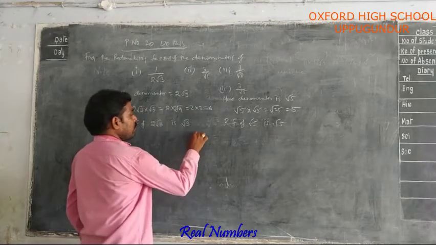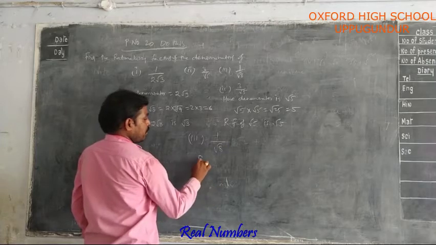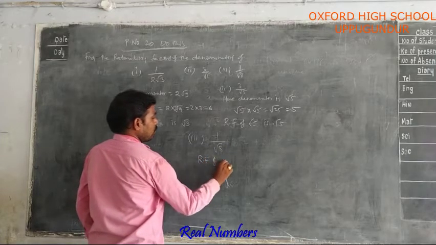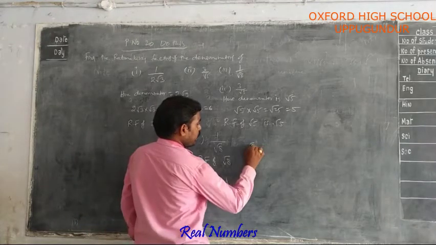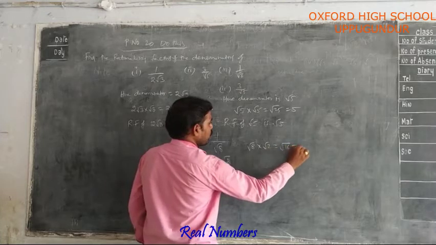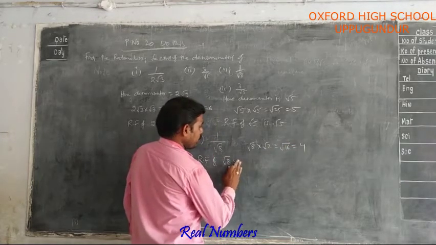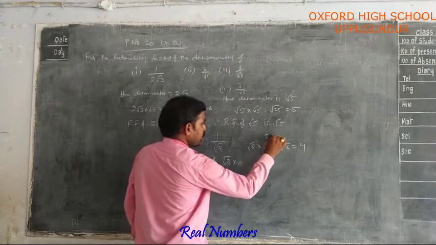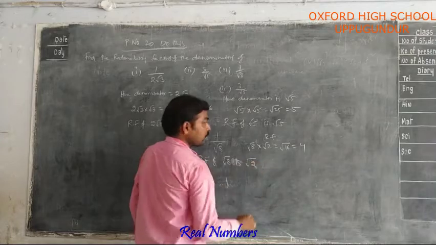Next, third one, 1 by root 8. Rationalizing factor of root 8. So multiplying root 8 with root 2, you will get root 16. Root 16 is 4. So the rationalizing factor of root 8 is root 2.